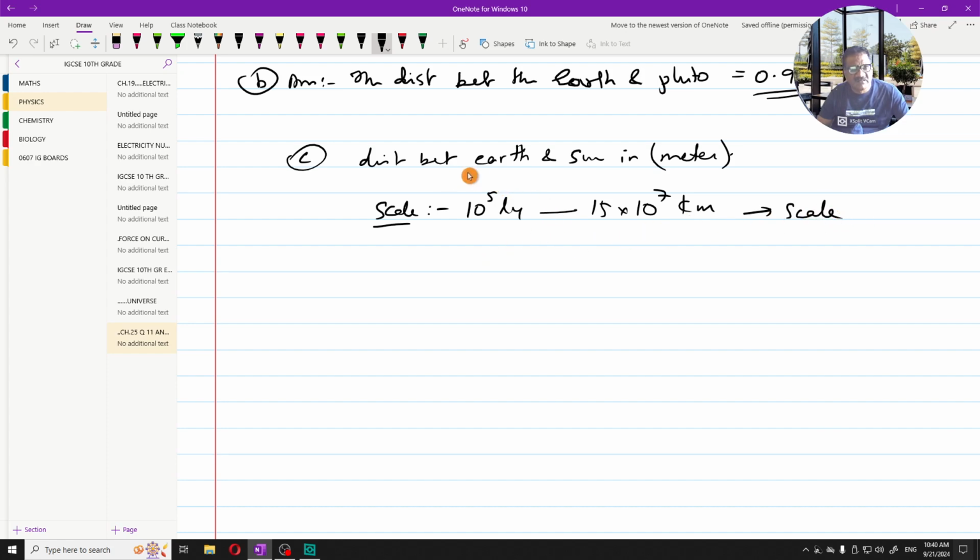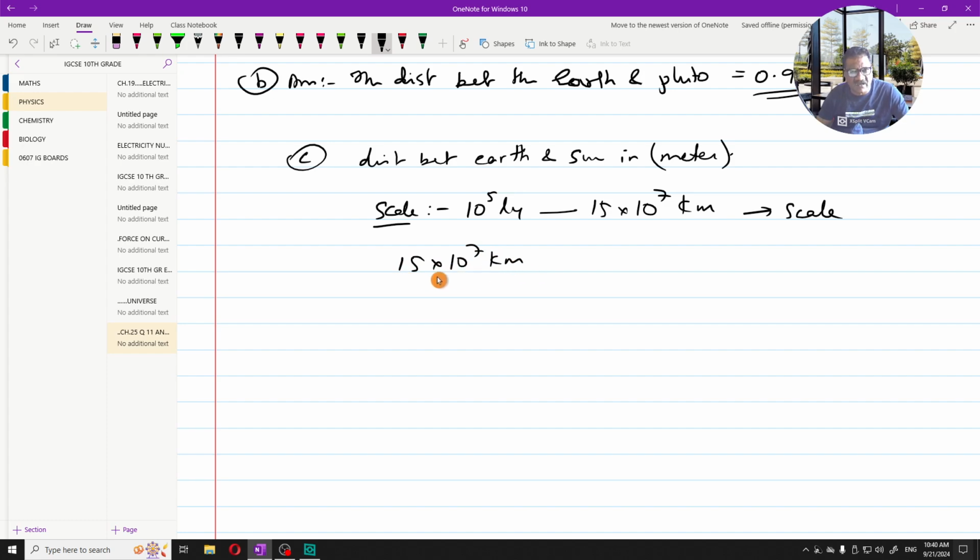Now, this distance between the earth and the sun, you have to find out. So the actual distance between the earth and the sun is how much? It is 15 into 10 raised to 7 kilometer. This is the distance between the earth and the sun.